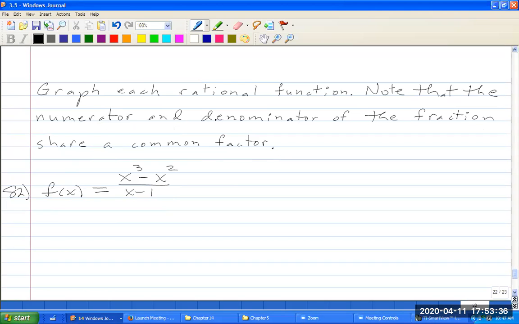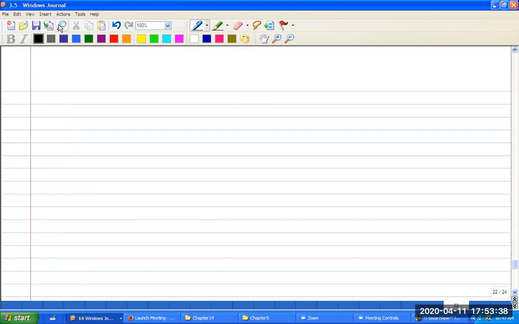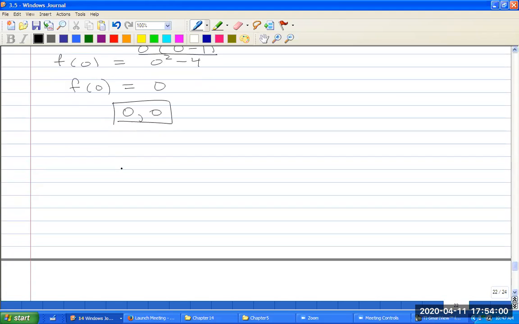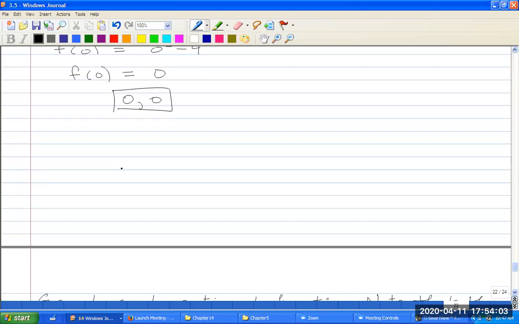The y-intercept is found by setting x equal to 0: 0 minus 1 squared over 0 squared minus 4 is 0. So again, we're at the origin. Okay, so let's try to sketch a graph of this, if I can.